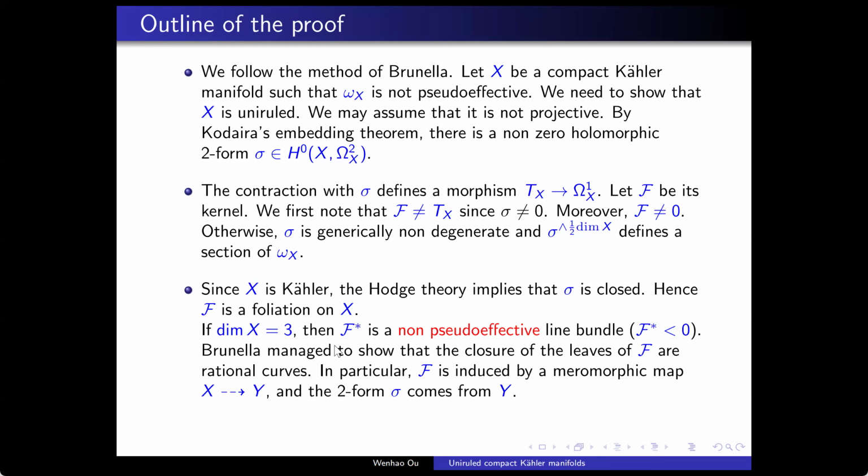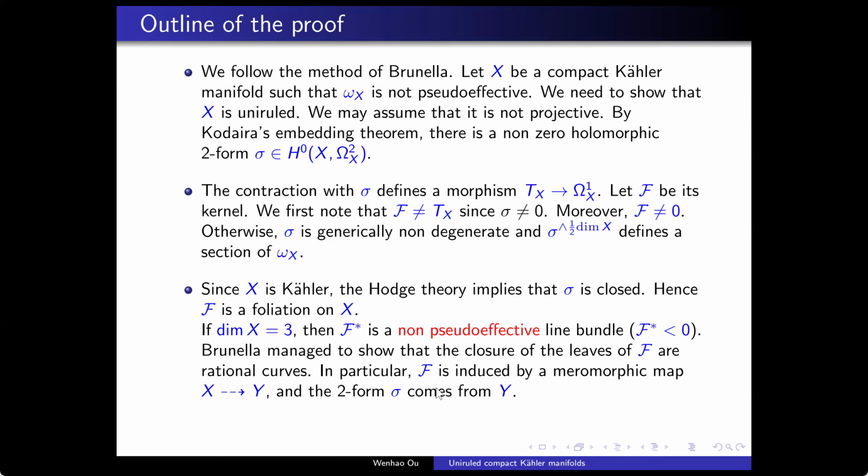Then a simple computation shows that this F dual, F star, is a non-pseudo-effective line bundle. If we consider pseudo-effective as some positive notion, then F star is kind of negative. And Brunella showed that the closures of the leaves of this foliation F are rational curves. Indeed, Brunella classified rank 1 foliations in compact Kähler manifolds.